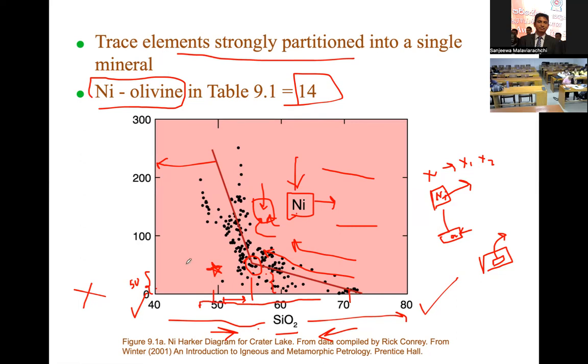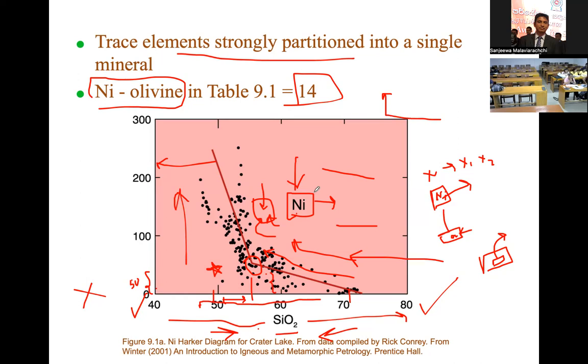Unless you have a spike like this with respect to another element. Just by silica, you are just drawing an arrow like this, but because of olivine, you could draw an arrow deviation like this. So that is the sensitivity of a trace element.